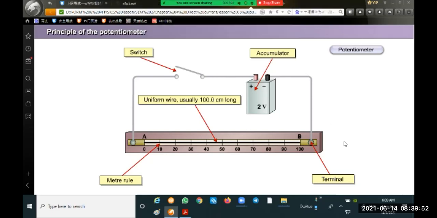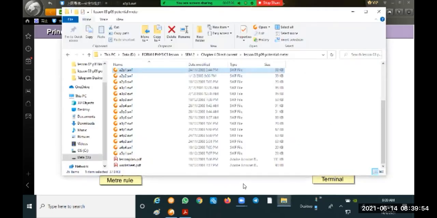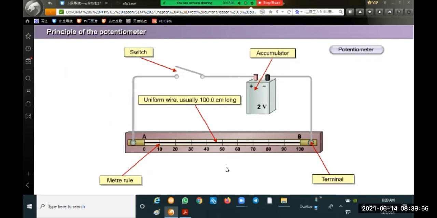Next, here we notice that we connect the battery, the positive terminal and negative terminal, through a wire of 100 cm. That's 1 meter long. So from here, the wire passes through.